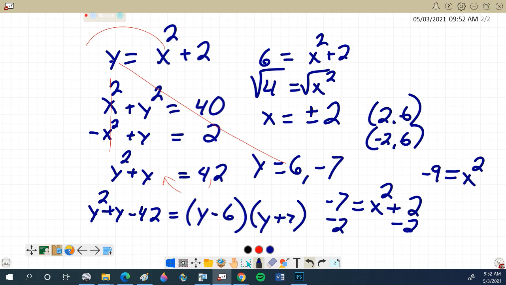So there's a potential for 4 answers, but in this case, one of the y values creates imaginary x values, which means there's no intersection. What if this was positive 9? Then x would equal plus or minus 3. And the other 2 points would be 3, negative 7, and negative 3, negative 7.